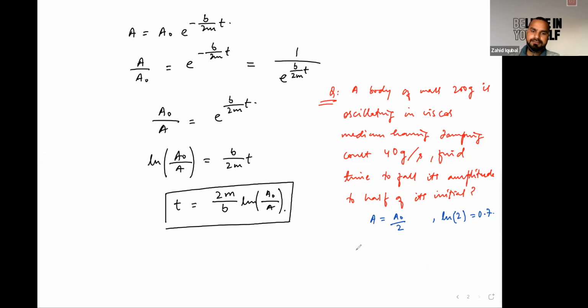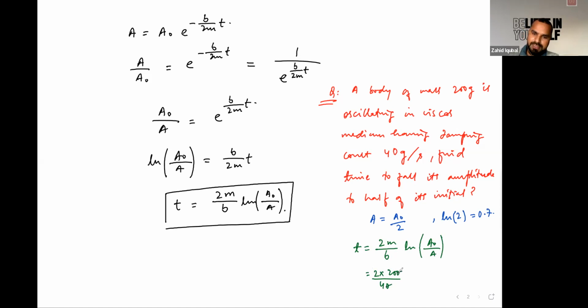According to the formula, T is equal to 2 times M divided by B, ln A naught divided by A. So 2 times mass, we have 200 gram, divided by B, 40 gram per second. So both are in same unit, so keep it as it is.